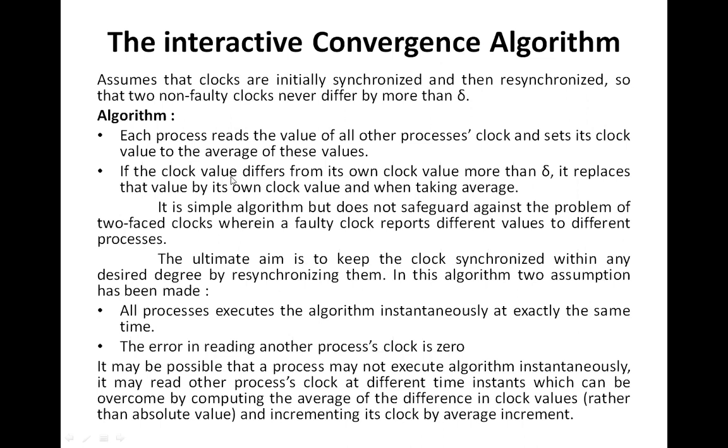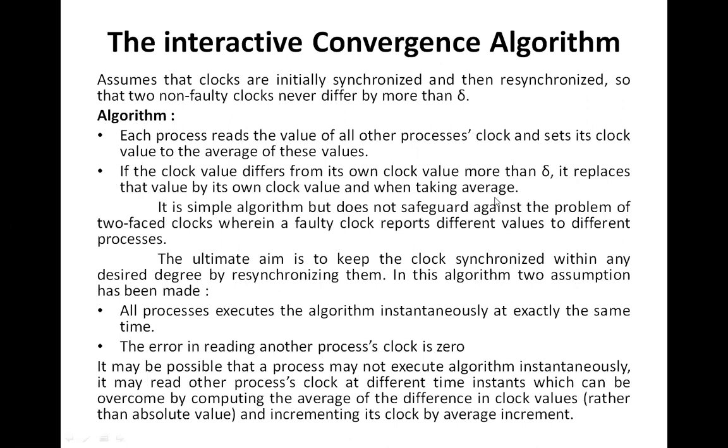Now, if after taking the average the value differs from its own clock by more than delta, because delta is the permitted error, then it replaces that value by its own clock value when taking the average.